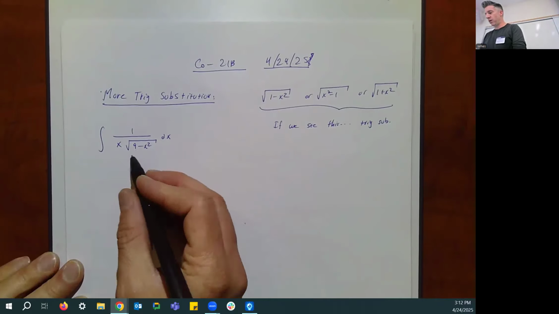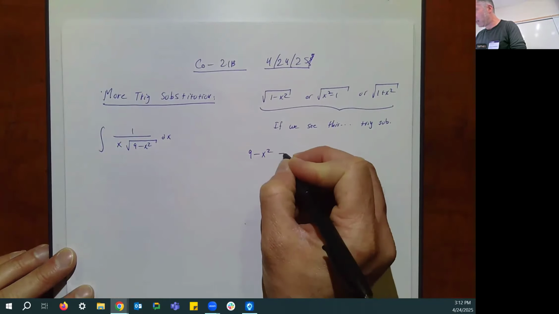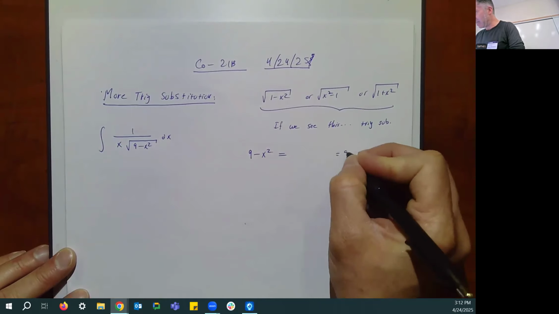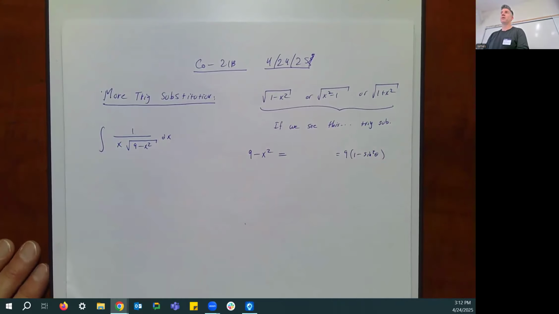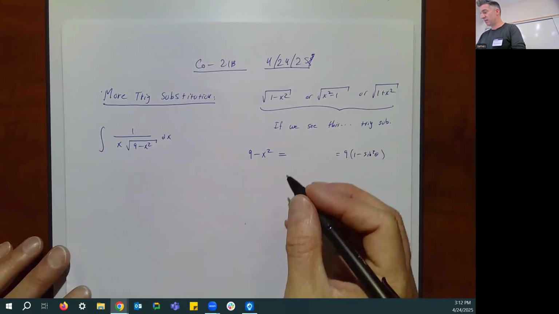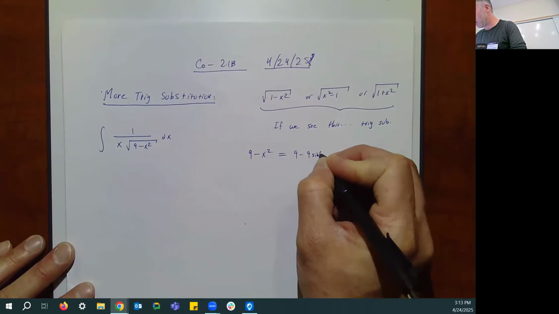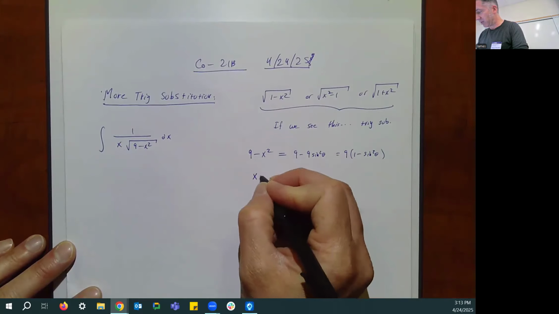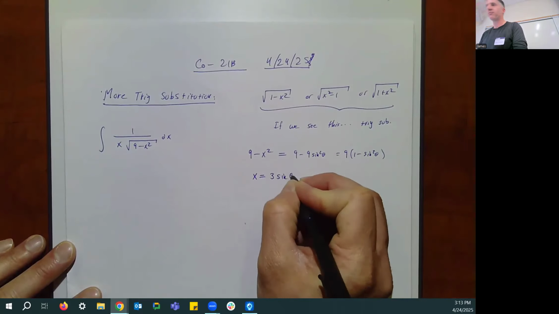So what I want here is I really want 9 minus x squared to equal 9 times 1 minus sine squared. That's what I really want. So the intermediate step is then to say that I really want 9 minus 9 times sine squared. So that my trig substitution is actually going to be x equal to 3 times sine of theta.